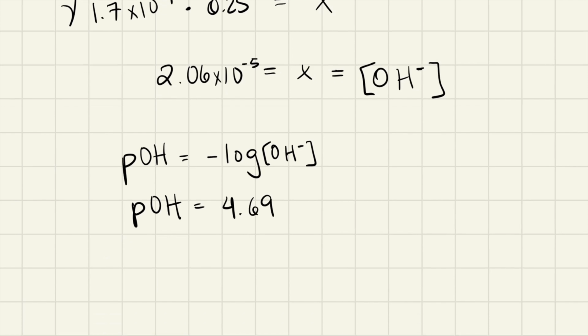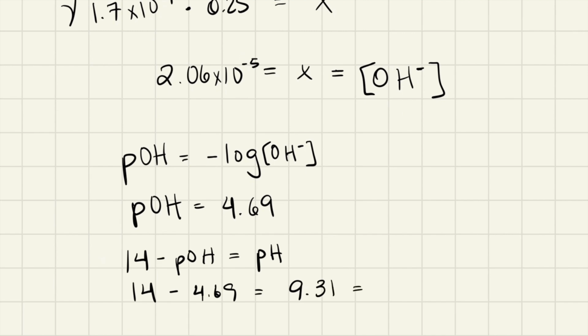And then we'll be able to take 14 minus pOH will equal our pH. 14 minus 4.69. And we get, for our final answer, 9.31 for our pH.